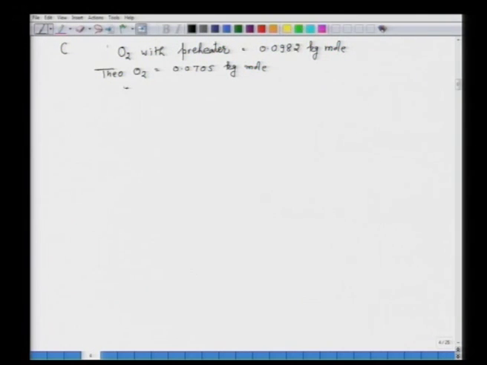Now, let us say if x kg mole of O2 is required to have the same fuel consumption as that of preheater, what we have to do? We have to enrich the oxygen, so that the heat which is carried away by nitrogen decreases. That is the key of this particular problem.